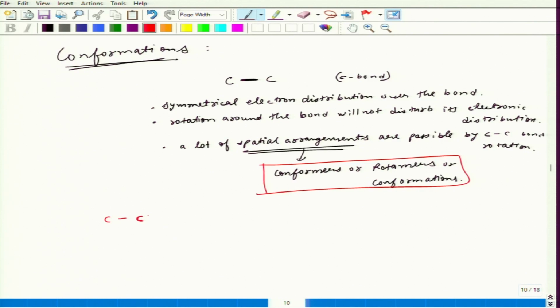However, though the C-C bond is freely rotatable, it also has an energy barrier. So, in order to have a free rotation about that C-C bond, we need to cross that energy barrier, and this energy barrier is around 1 to 20 kilojoule per mole.